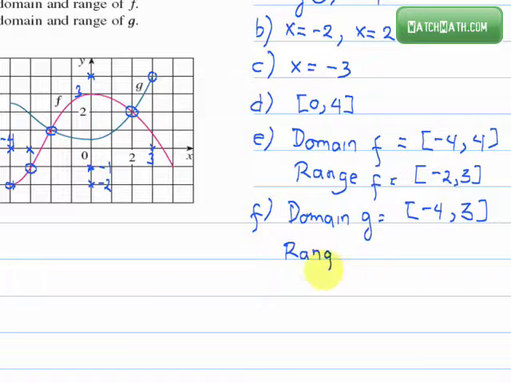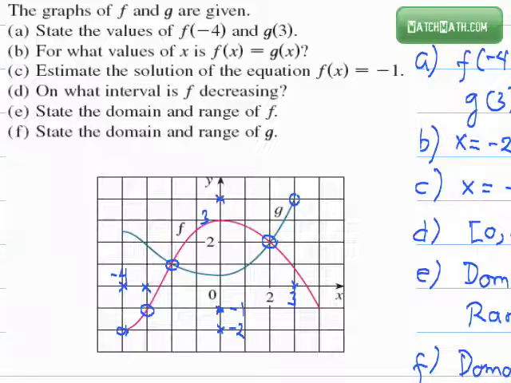Now what is the range of g? The range of g is all possible values for the y coordinate of points on the graph of g.